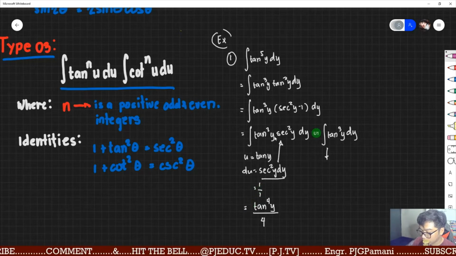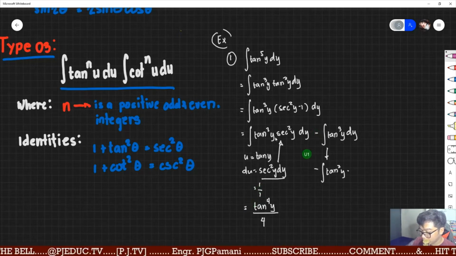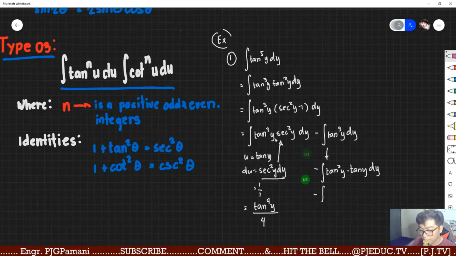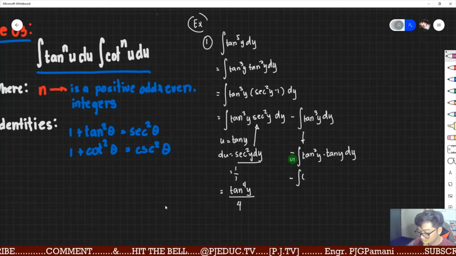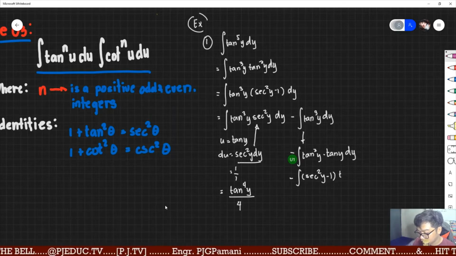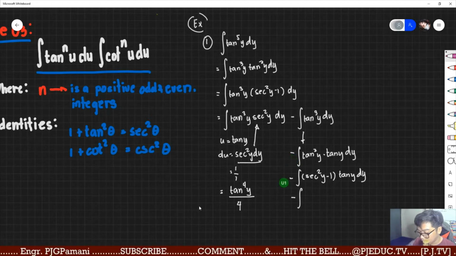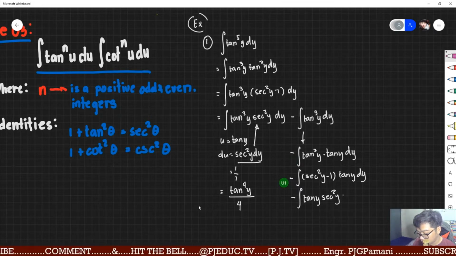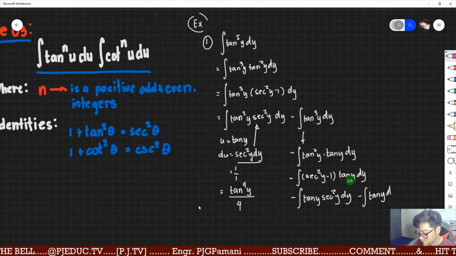Simplify this further. That is tangent cubed, which is also the same as tangent squared y times tangent y dy. Remember from our identities for this transformation, tangent squared is the same as secant squared y minus 1, times tangent y dy. Distribute our tangents. That is now the integral of tangent y secant squared y dy minus the integral of tangent y dy.